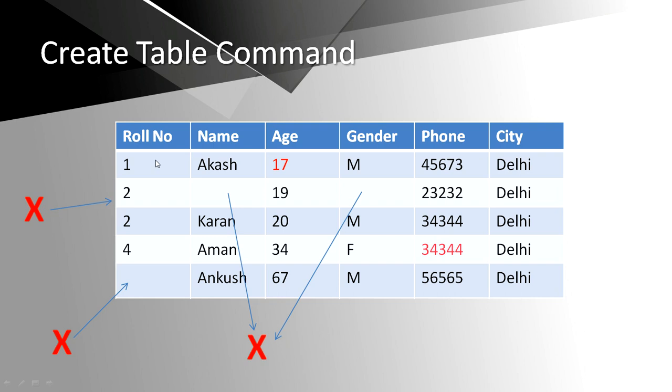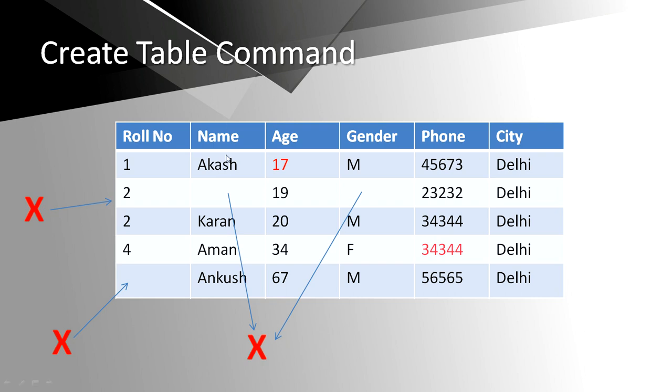there are many problems with the records. For example, with the roll number column, there is a duplicate entry where the roll number should not be duplicate. And one of the fields is also left blank, which should not be blank, because each and every student must have a roll number.